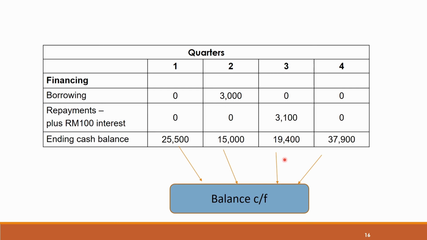So you have the balance 19,400, and you have to do the same step where you record this amount for the next quarter as the beginning, and then you have to record all the cash available less cash disbursements, and you have to find out whether there is an excess or deficiency, and then you will get the ending balance for the fourth quarter. So this is the answer, 37,900. That's all for the cash budget.